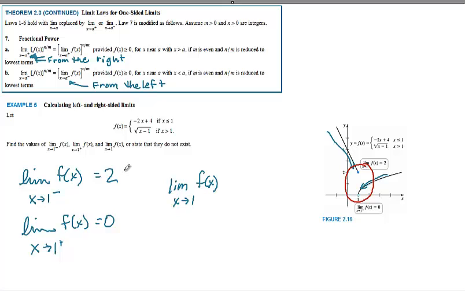One side's going to a 2 and the other side's going to a 0. That means that this limit, the limit for the whole function going to 1, does not exist. We're going to shorthand that as DNE from here on.